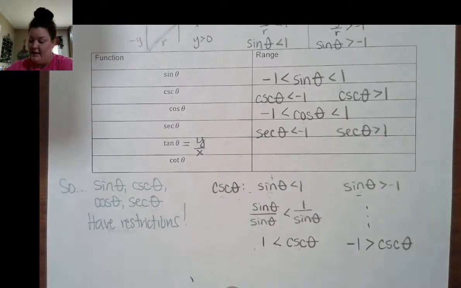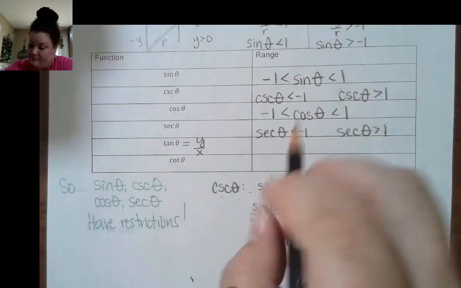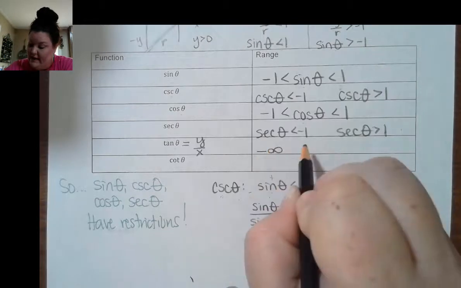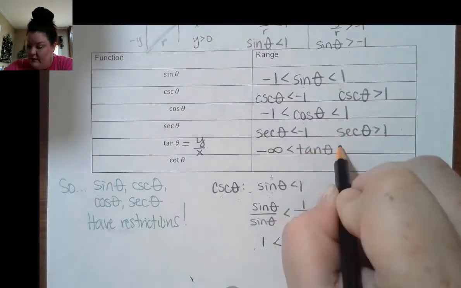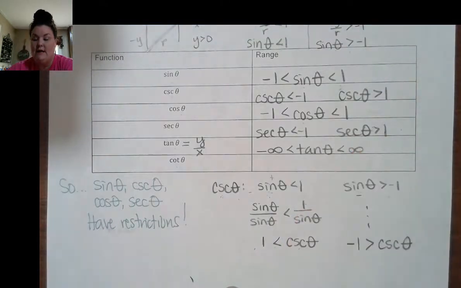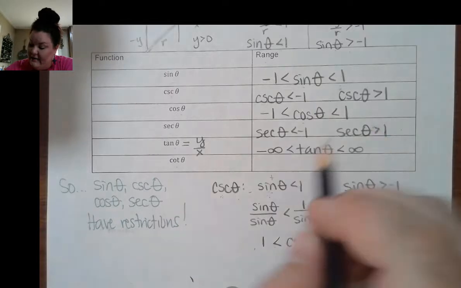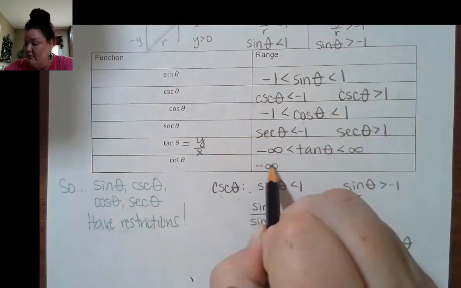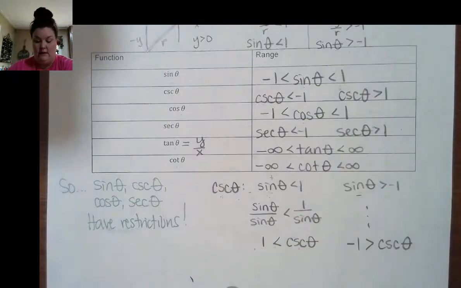Which tells me that my tangent values can go from negative infinity to infinity. Okay? And the same thing is true with my cotangent. I could have any outcome from negative infinity to infinity. Okay? So tangent theta and cotangent theta do not have restrictions, whereas the other ones do.